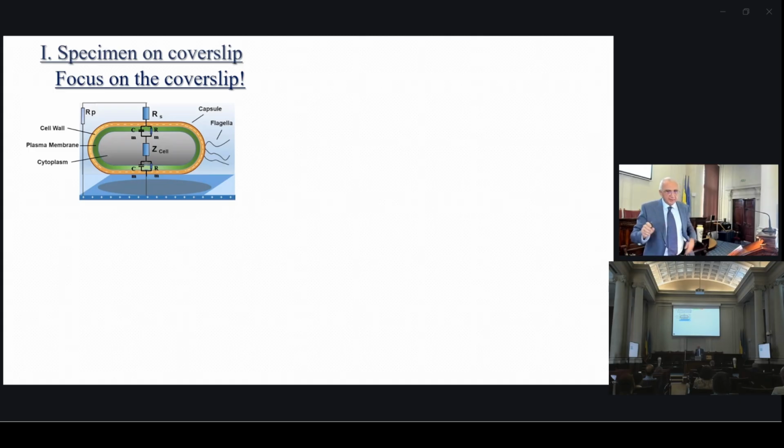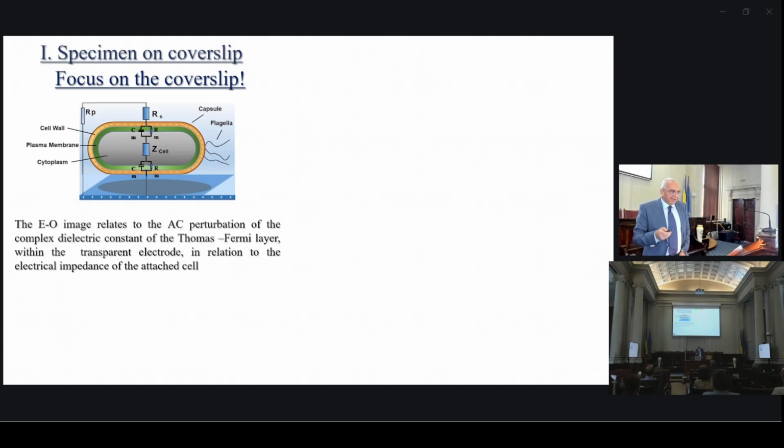But related to this, there are two different situations, and the physics is slightly different. Whenever the cell, the specimen, is adhered onto a cover slip, what we measure relates to its shadow onto the electrode.